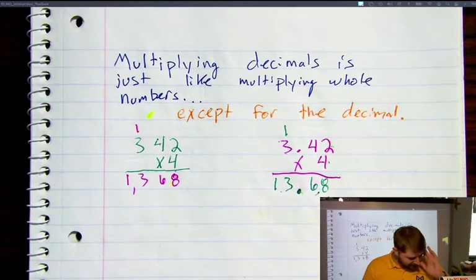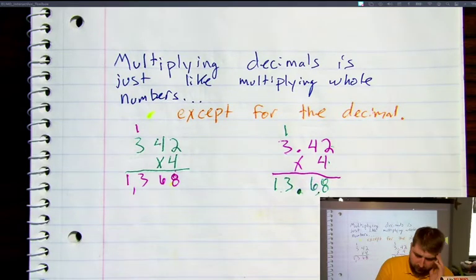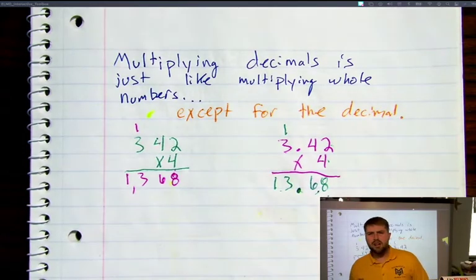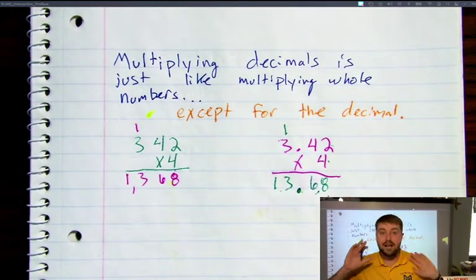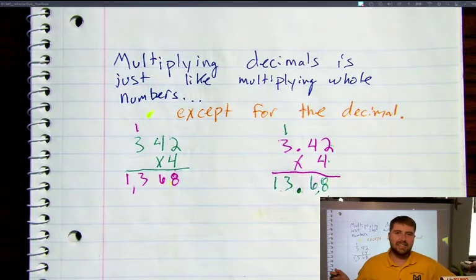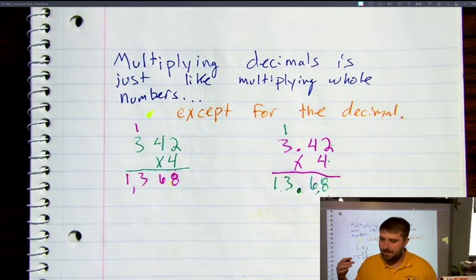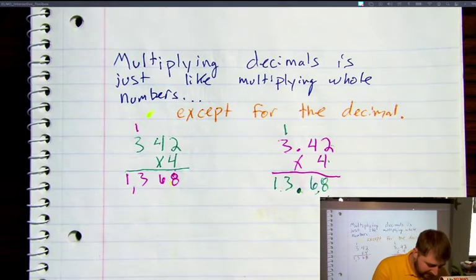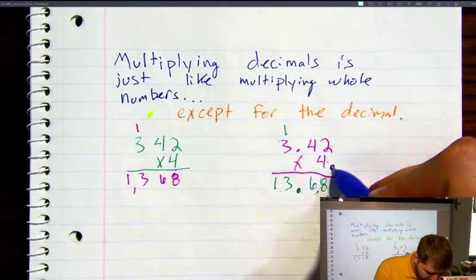Now we're going to pause here and think for just one moment. In a whole number, such as 4, where is the decimal place? Because every number has a decimal place, and we talked about this before when we were adding and subtracting decimals, when we were talking about money earlier on this year. Every whole number has a decimal place. Where is that decimal place? Absolutely, that decimal place is at the end of the whole number.